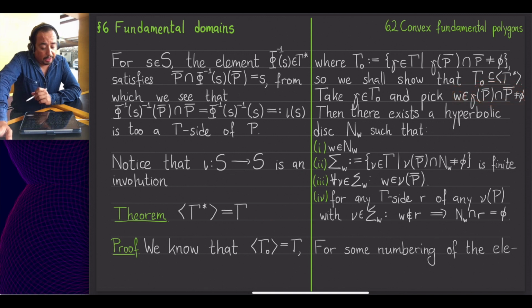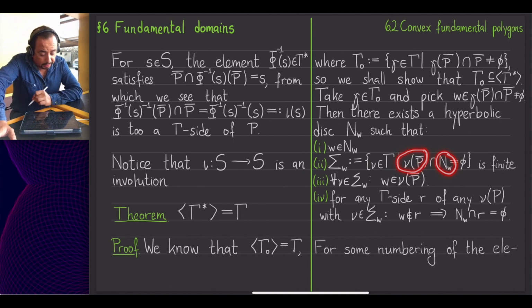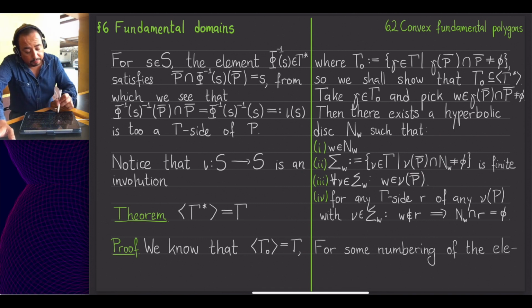Then we know that there exists a hyperbolic disk containing this point W, with the property that only finitely many elements of gamma make P bar meet that hyperbolic disk, and also that every element here has the property that the corresponding copy of P bar contains W.